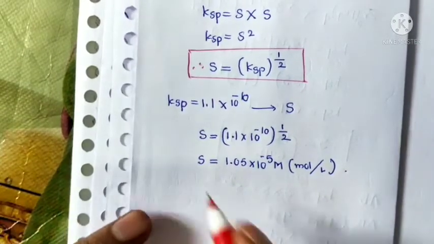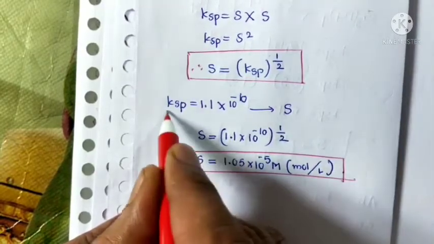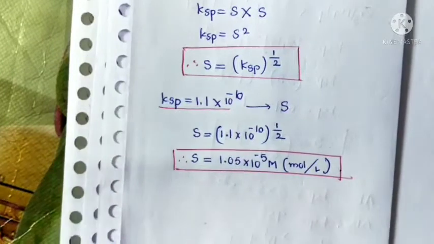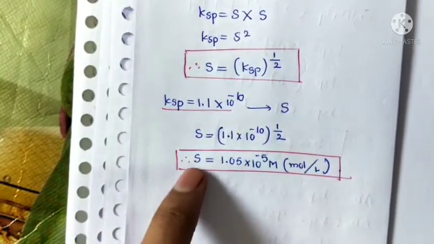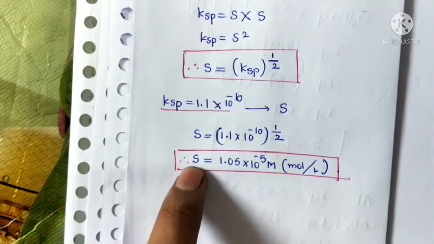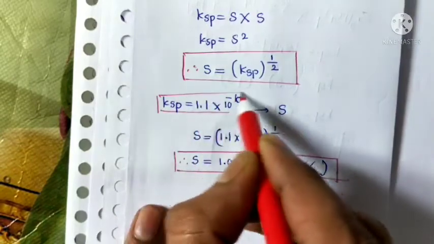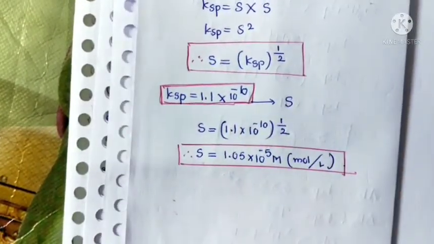So this is the solubility of barium sulfate, and that is its solubility product. From this solubility product we can calculate the solubility of a sparingly soluble salt. So that is the importance of the solubility product of sparingly soluble salts.